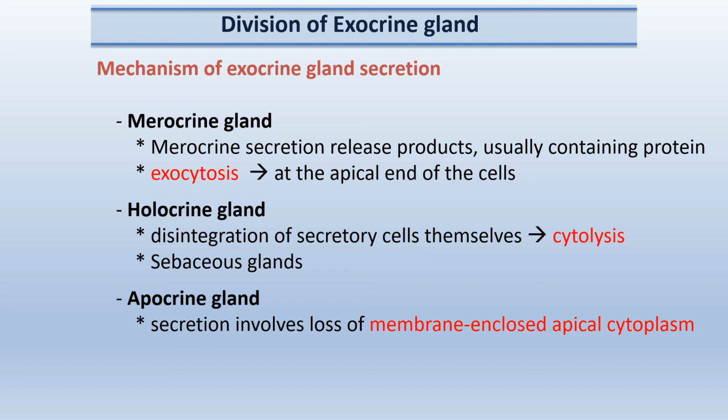And in the holocrine glands, there is a disintegration of secretory cells themselves in the cytolysis process. And the third is apocrine glands. In the apocrine glands, the secretion involves loss of membrane enclosing only apical cytoplasm.